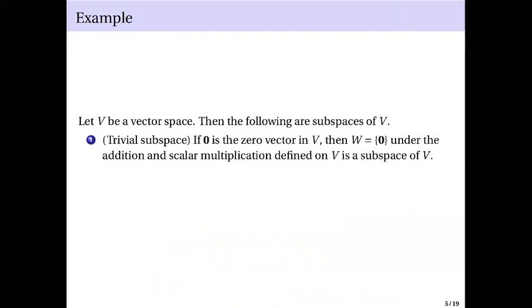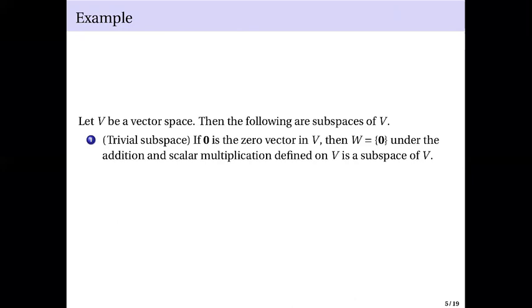So you have the vector space, you get the zero vector there, put it in a single set, it's always a subspace. Just make sure you are defining the addition and scalar multiplication on V. So it's the trivial subspace.